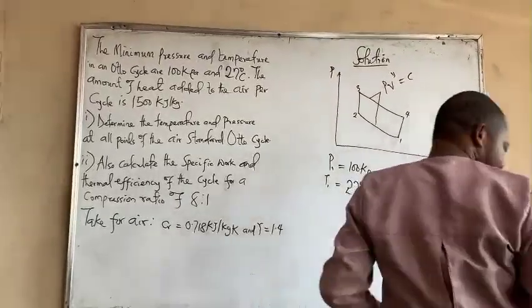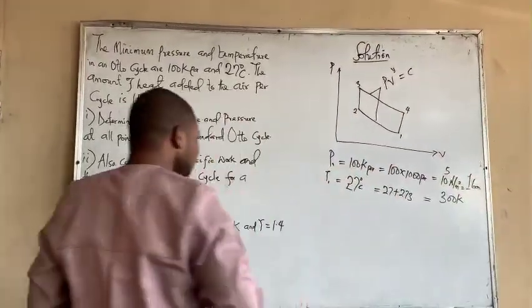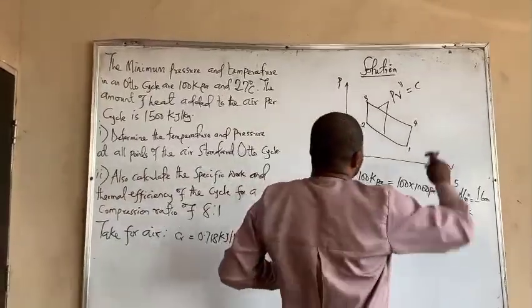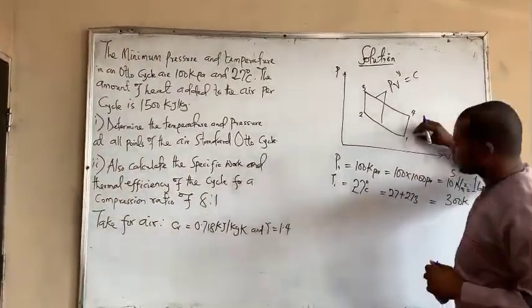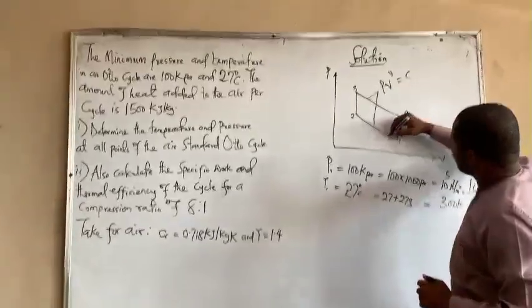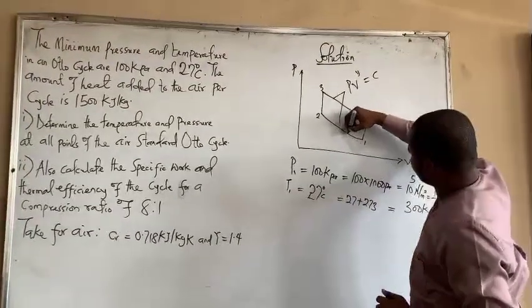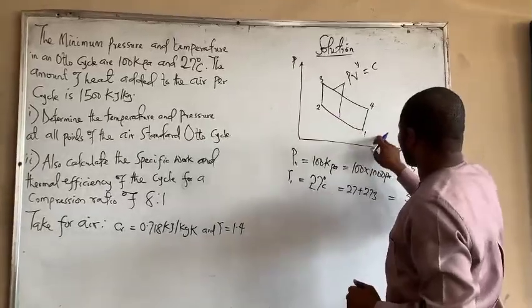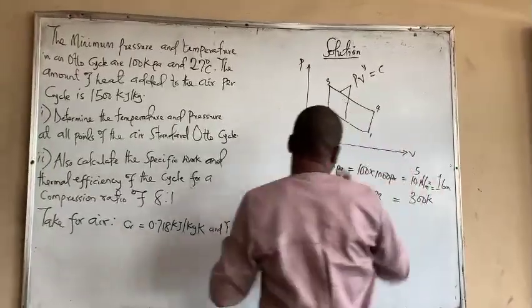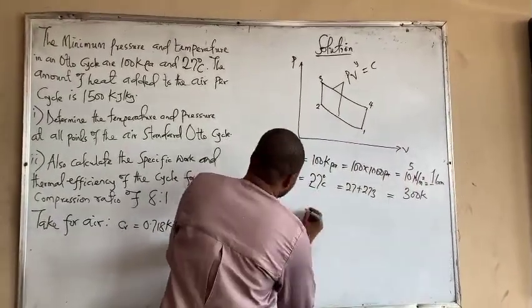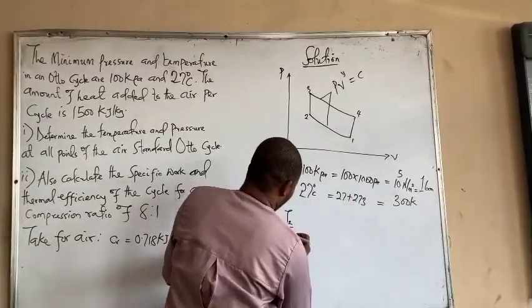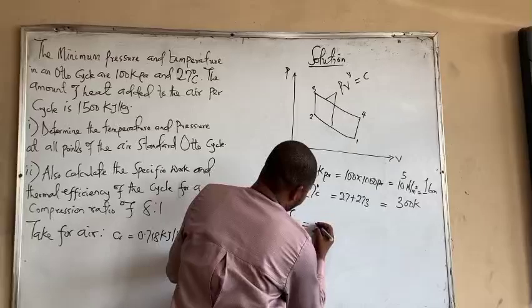That's 300 Kelvin. Now, at our compression region, this is a compressed region, we have between 1 and 2, T2 over T1, which gives us our compression.